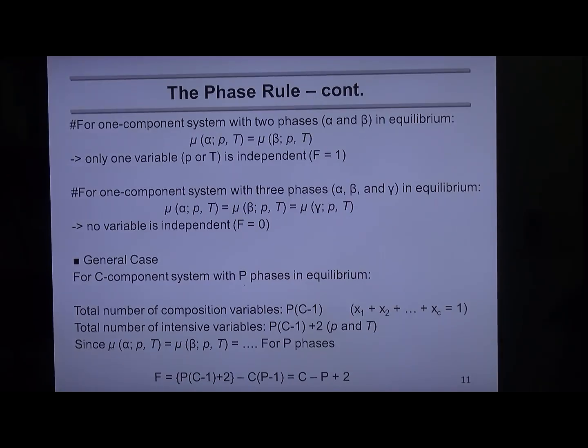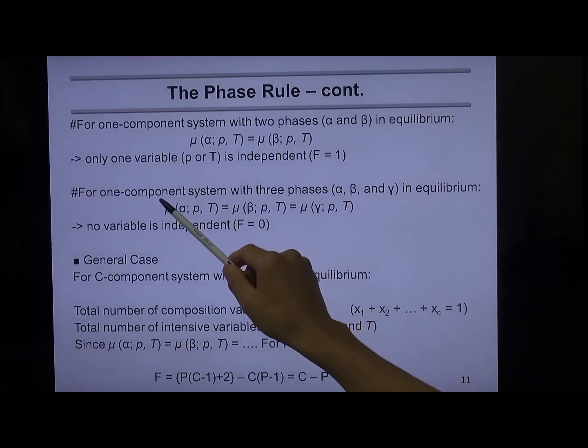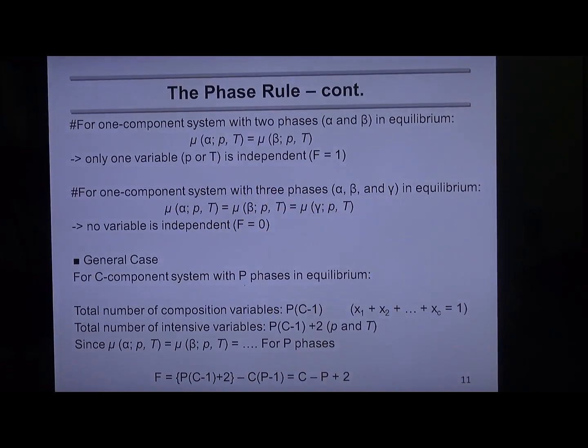Now, let's generalize the case. This is very simple because we only considered a one component system. So let's generalize it. Let's consider that we have a C component system with P phases in equilibrium. First, let's calculate how many intensive variables are present.